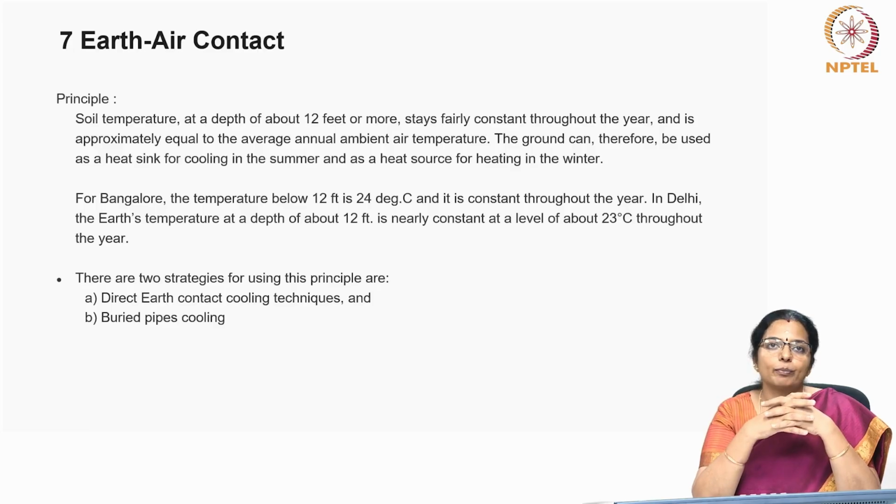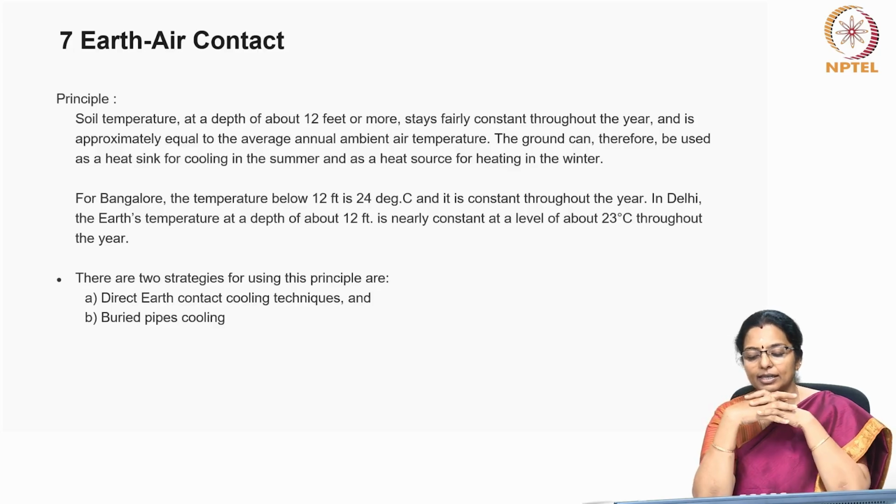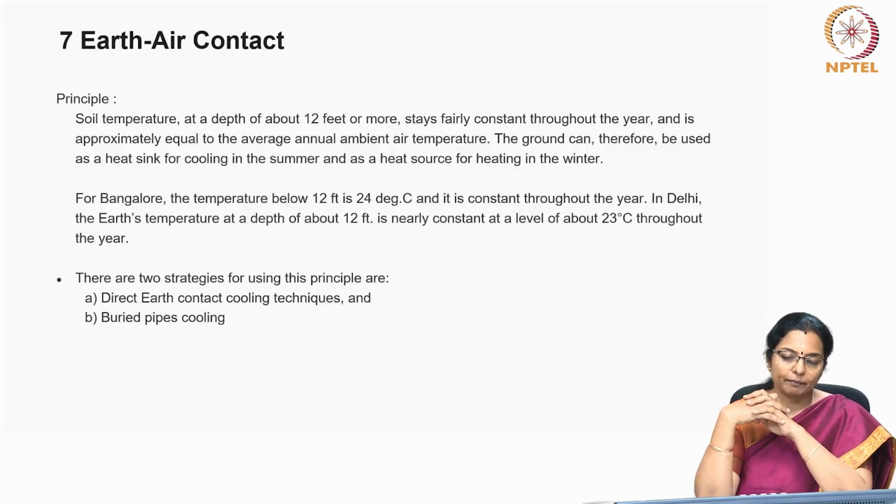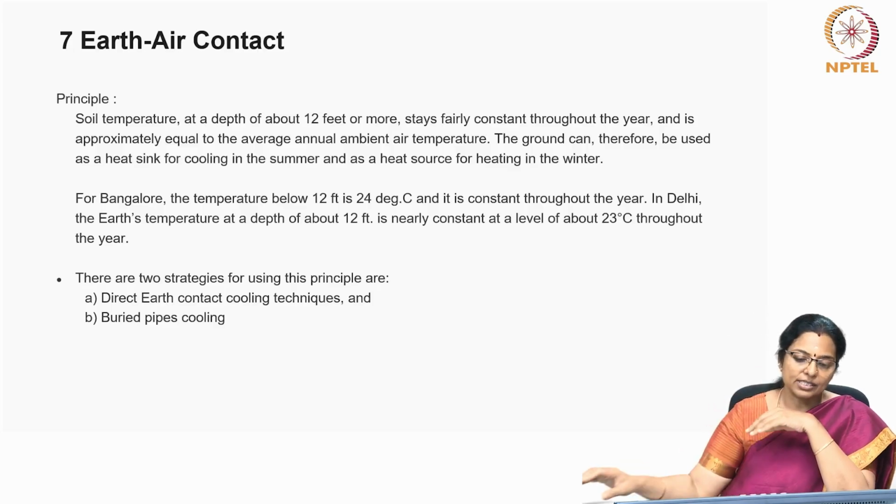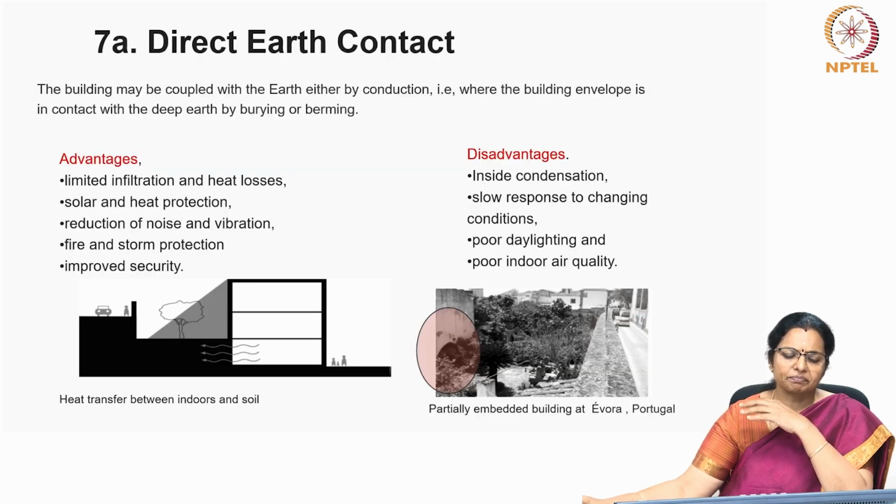For example, for Bangalore, the temperature below 12 feet is about 24 degrees centigrade and it is constant throughout the year. In Delhi, the Earth's temperature at a depth of 12 feet is nearly constant at 23 degrees centigrade throughout the year. There are two strategies of earth-air contact.